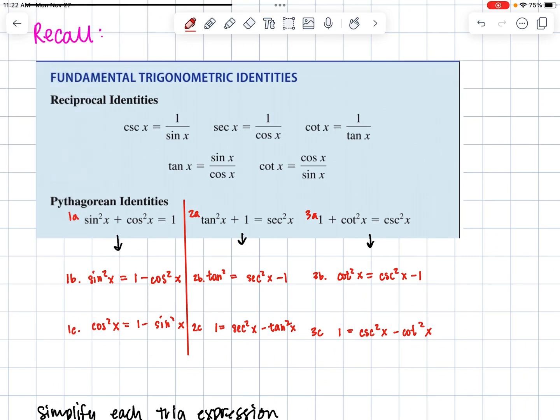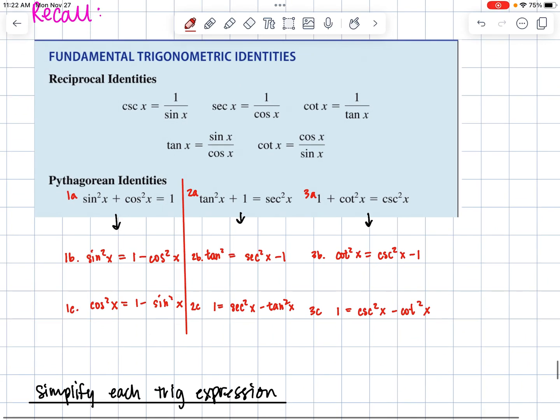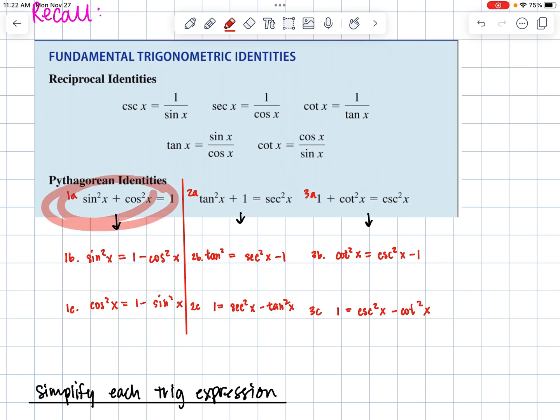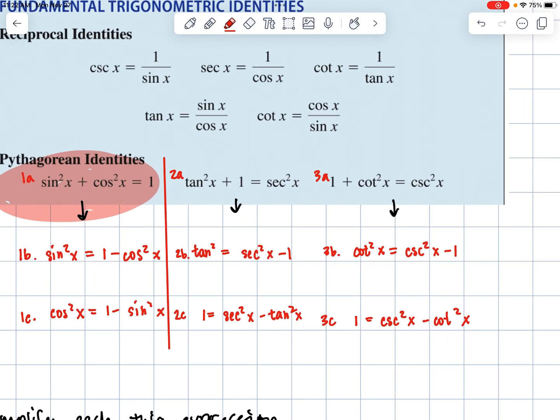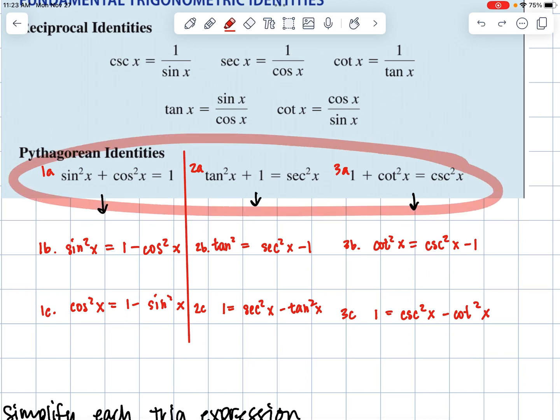And now we have 9 different versions of pretty much the exact same set of, pretty much everything stems from this particular Pythagorean identity. So if you know this one, technically you could create the other two. And then from there, you could create the alternates, okay? But ideally, I want you to be able to recognize these equations.